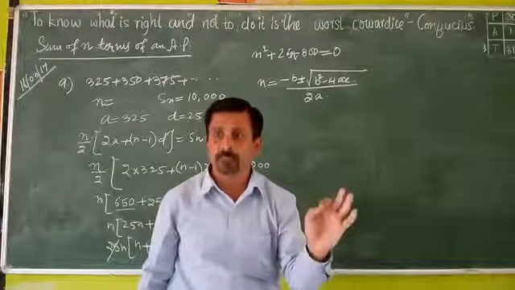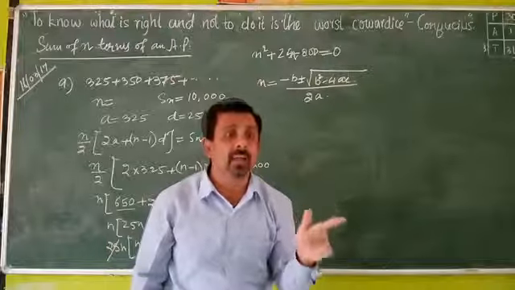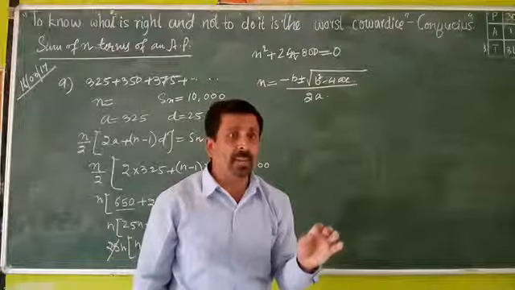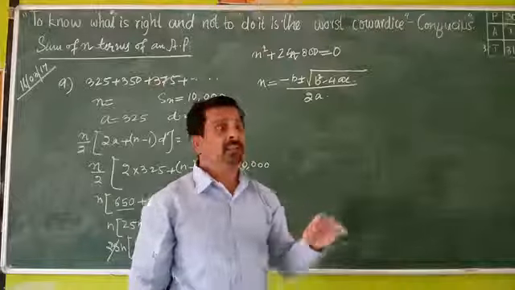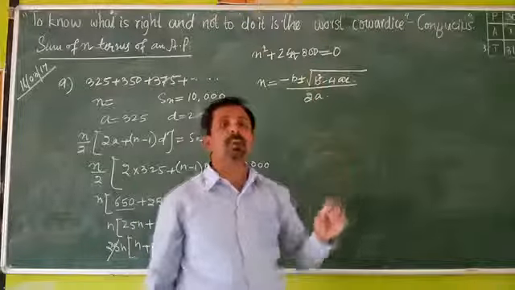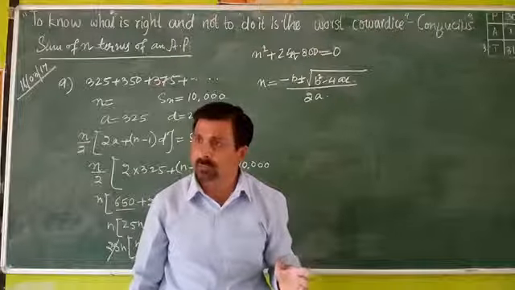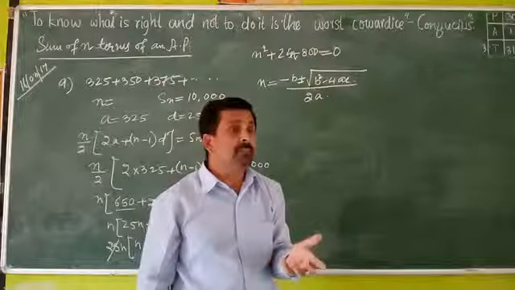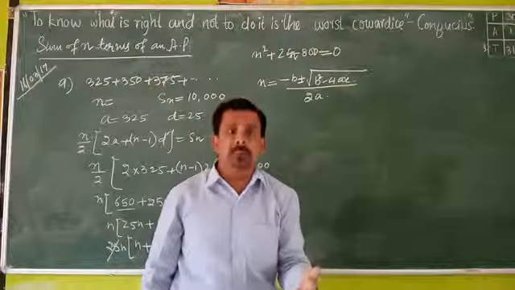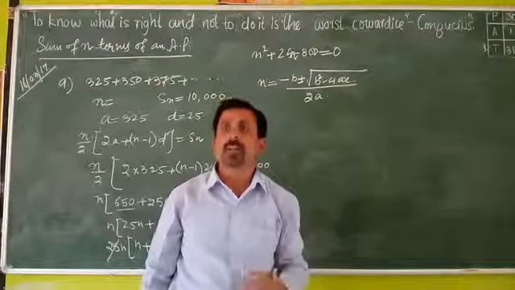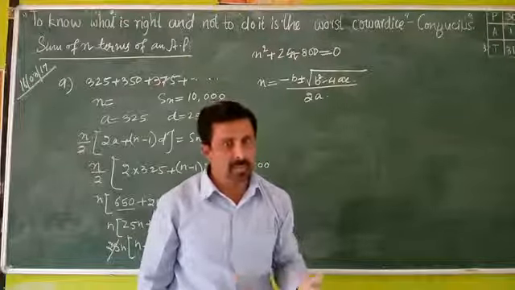I repeat, the coefficient of n square is said to be a, the coefficient of n is said to be b, and the last term is said to be the constant. Are you clear with what is coefficient? Coefficient is the number in front of the variable.